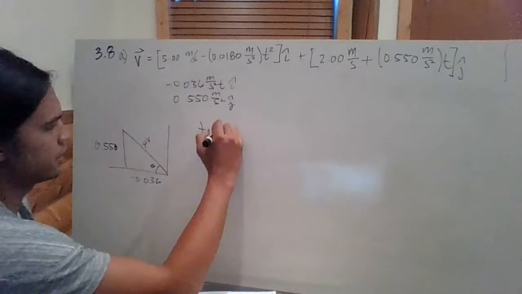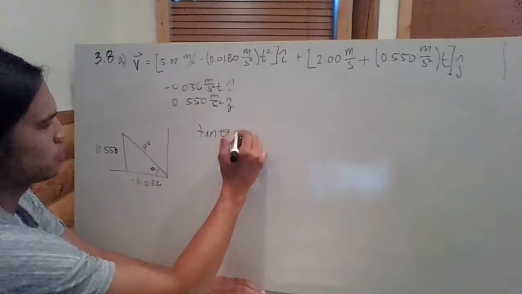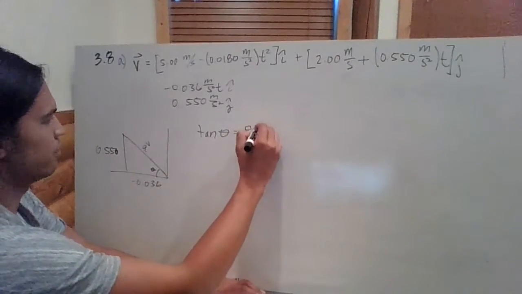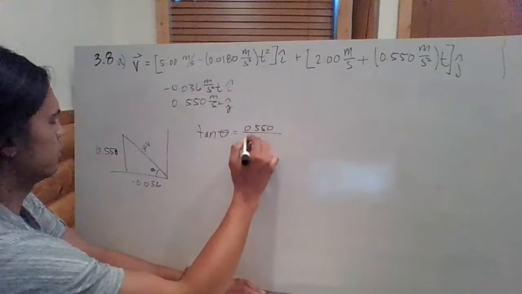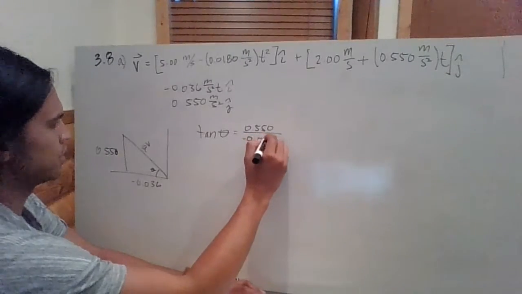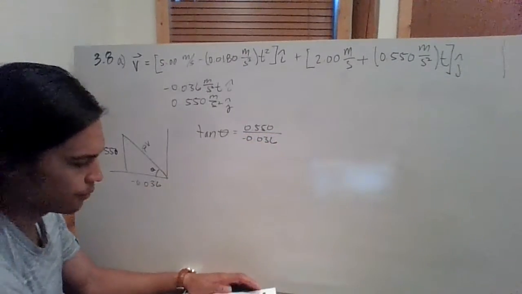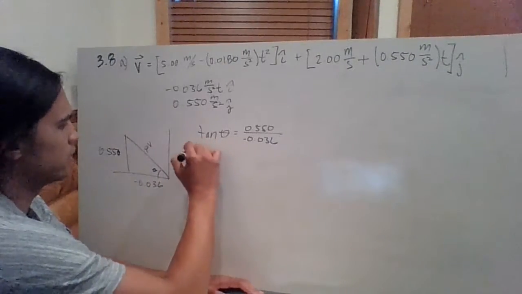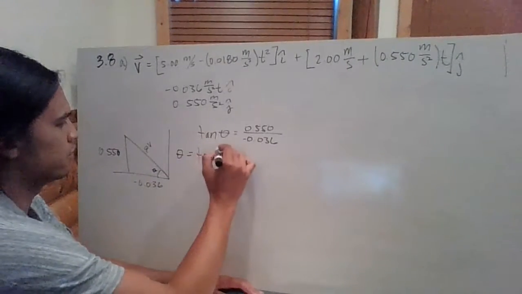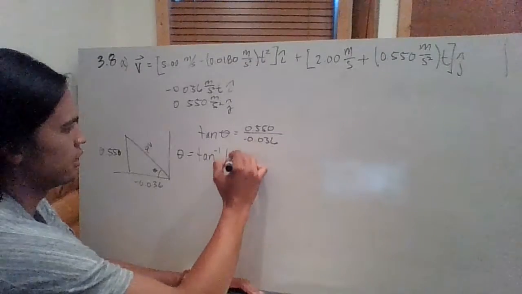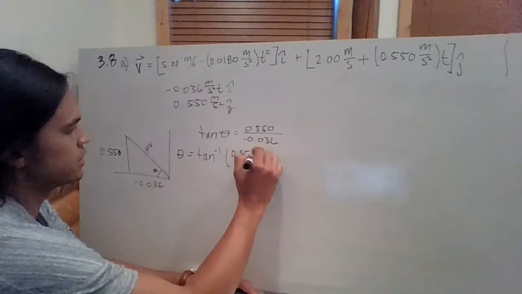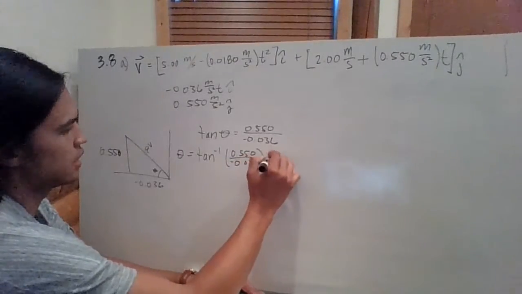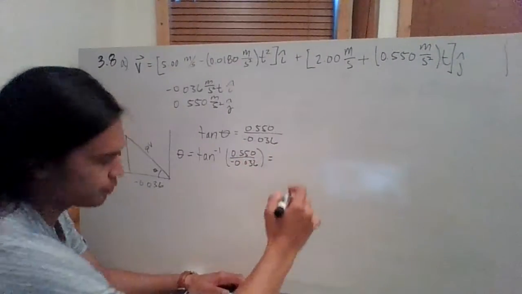Tangent theta equals the opposite over adjacent, so 0.550 over negative 0.036. Manipulate that so you get inverse tangent of 0.550 over negative 0.036.